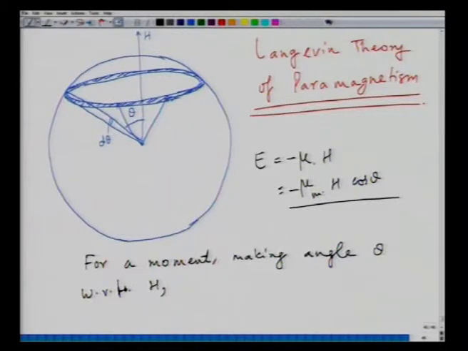So for a moment mu_m making an angle theta with respect to H, what is the probability that it will be in energy state E? This is given by Boltzmann statistics.